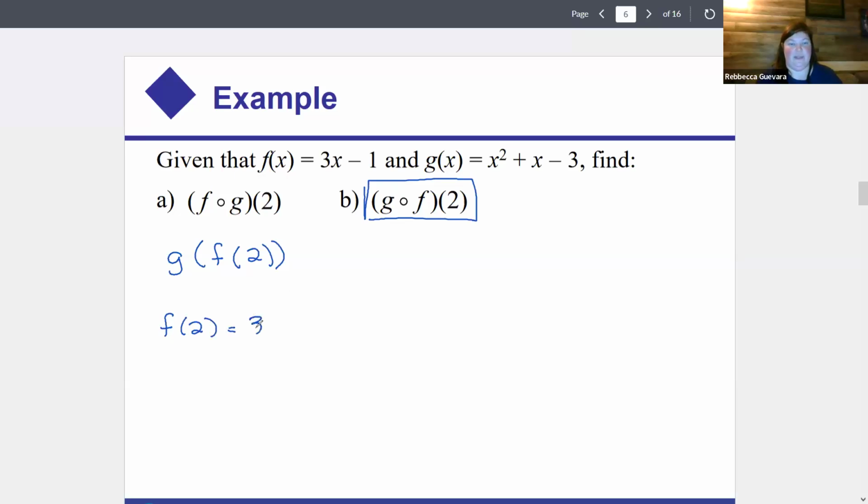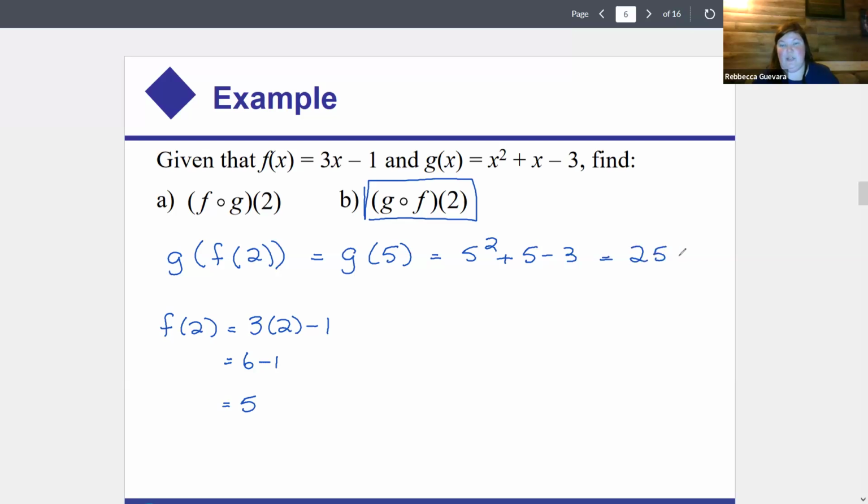F was 3x minus 1, so we're going to have 3 times 2 minus 1. So it's just 6 minus 1, which is going to be 5. So G of F of 2 is actually asking me for G of 5. G of 5 will just be 5 squared plus 5 minus 3. So that'd be 25 plus 2, or 27.